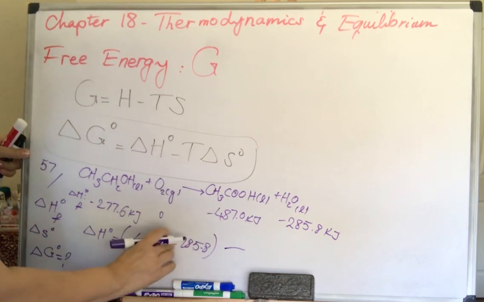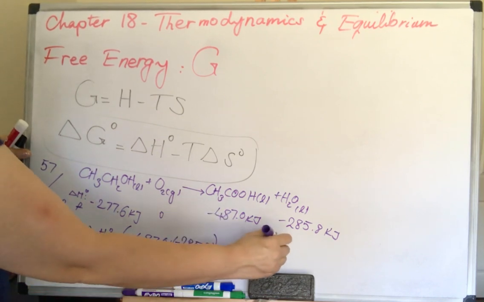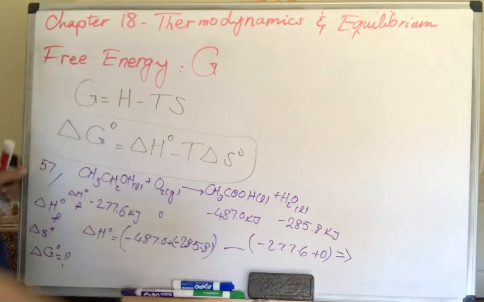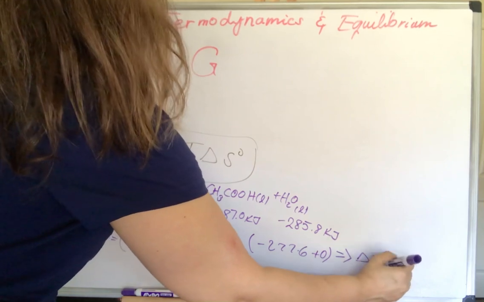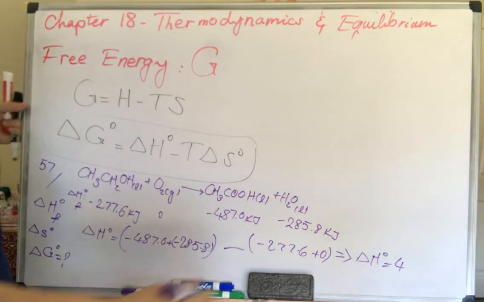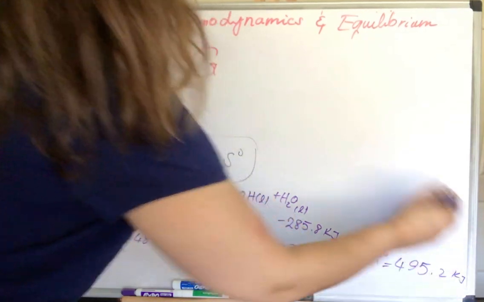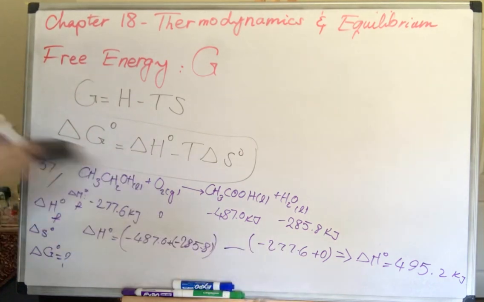Minus, I hope it doesn't confuse you, minus 277.6 plus 0. So delta H standard is going to come up as 495.2 kilojoules.